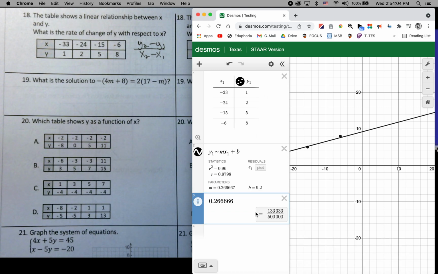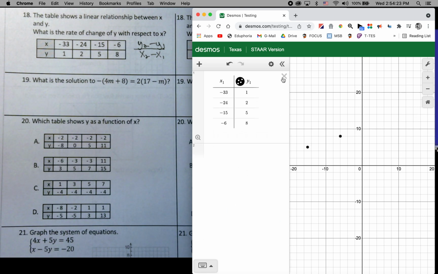So I'm going to turn that into a fraction. Oh, doesn't like that. All right, so let's try it. I don't think it's going to be 133,333 over 500,000. I don't think that's the answer. All right, so sometimes it won't work. And on this one, it doesn't look like it's going to.